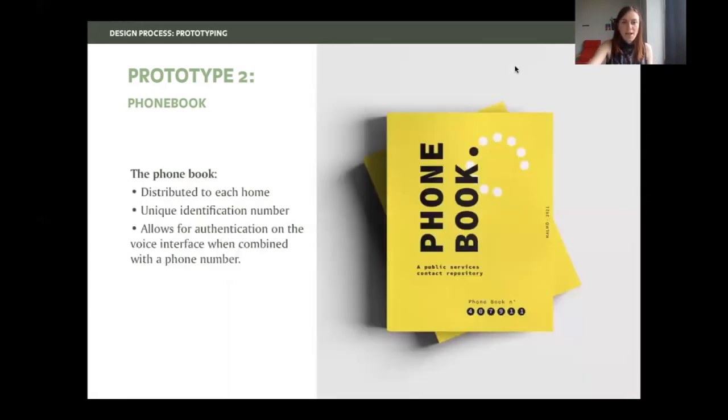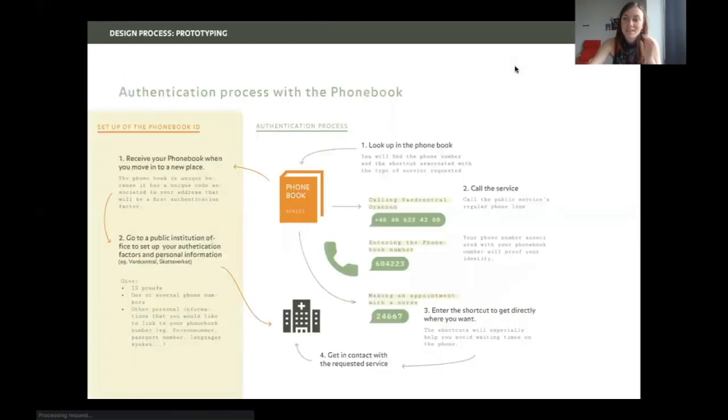And so these shortcuts would be found in a phone book that would be distributed to each home. So when you move in, on each book there's an identification number, which you combine with your own phone number. This is a sort of authentication process for the safety of your personal information when you connect to the service, just like an ID.